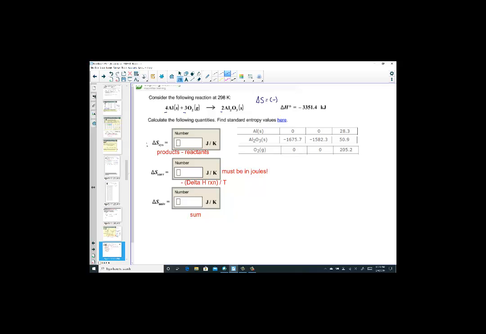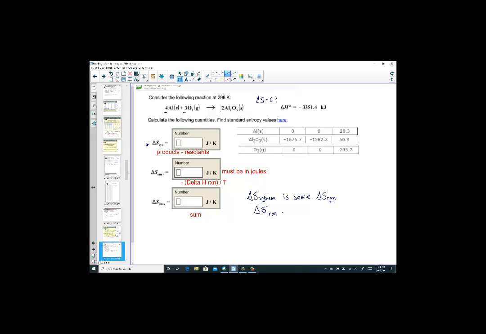We're asked to calculate the delta S of the system. Now I want you to remember the delta S of the system is the same thing as saying delta S of reaction, because what we're studying is our reaction, and therefore it's our system.